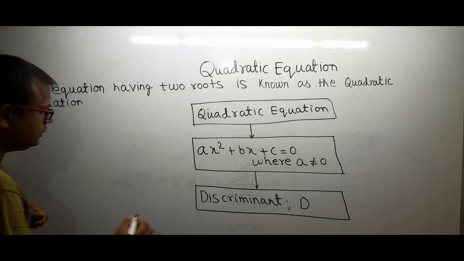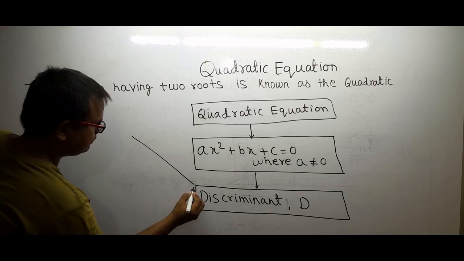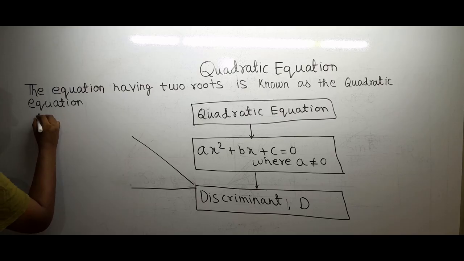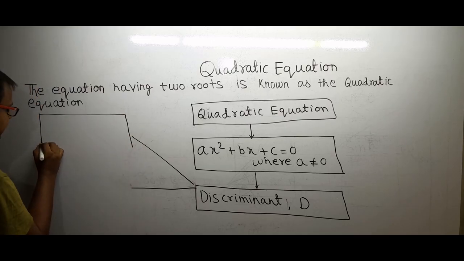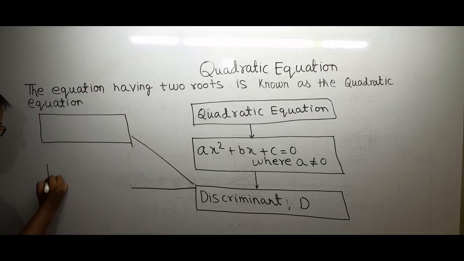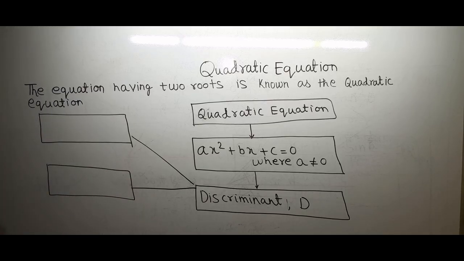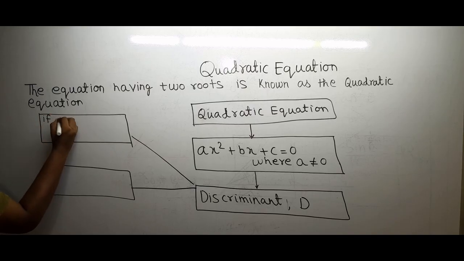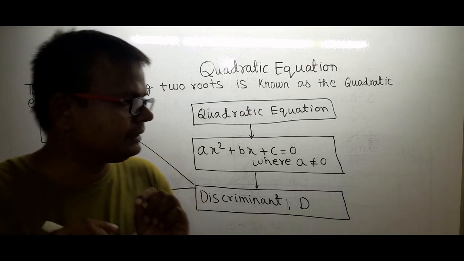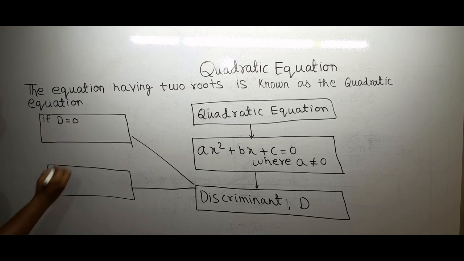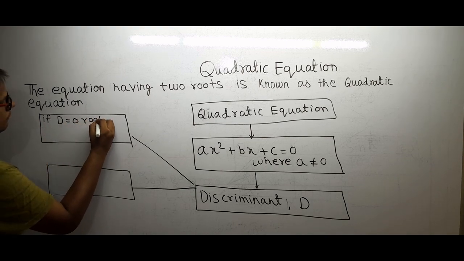Okay, so see, here are three types of conditions regarding discriminant. Okay, if d is equal to 0, if discriminant becomes 0, then what will happen? If d is equal to 0, roots are real and equal.